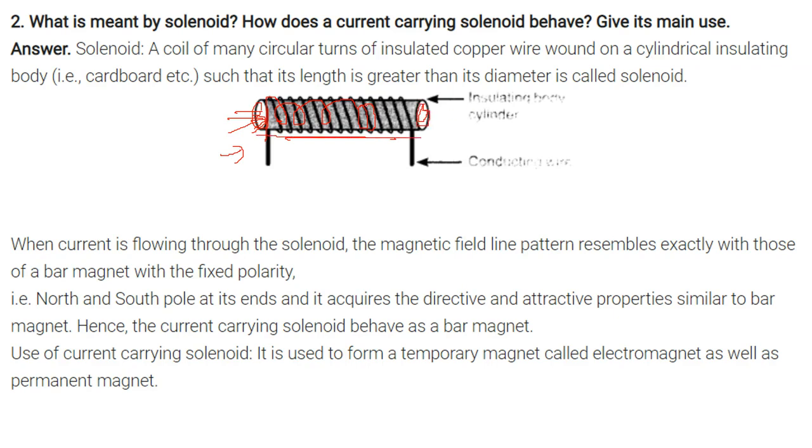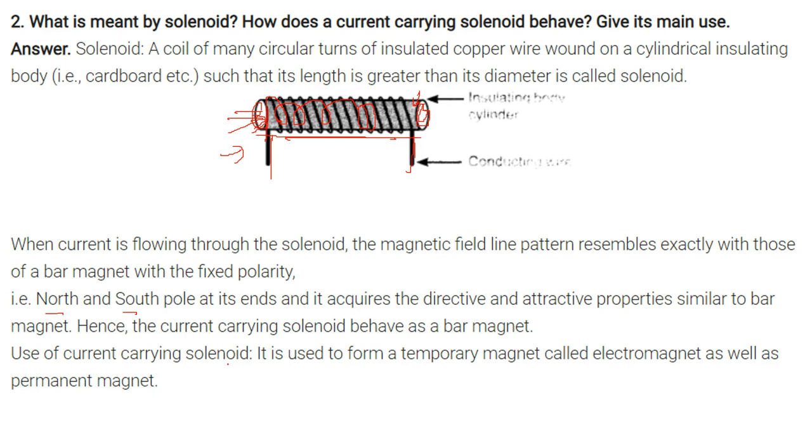So here, this is the insulating cylinder, and the black part wrapped around it is the conducting wire. When current flows through the solenoid, the magnetic field line pattern resembles exactly that of a bar magnet, with fixed polarity, that is north and south poles at its ends, and it acquires directive and attractive properties similar to a bar magnet.